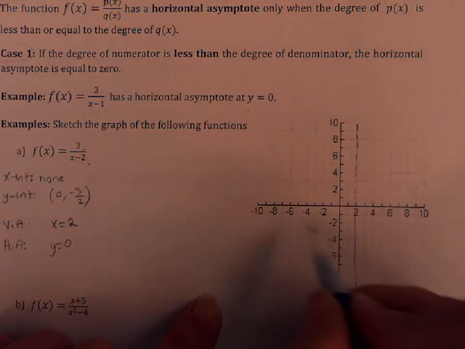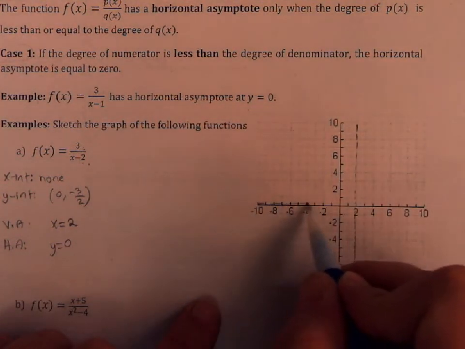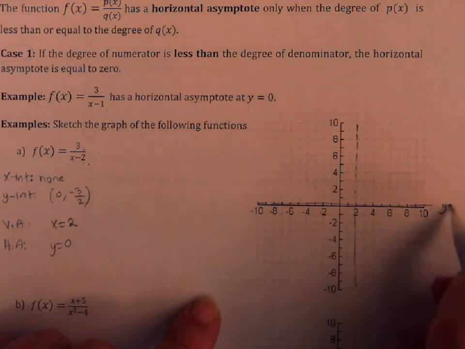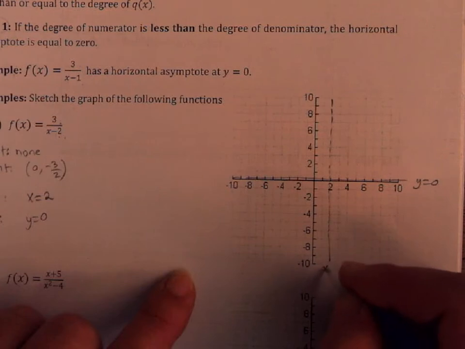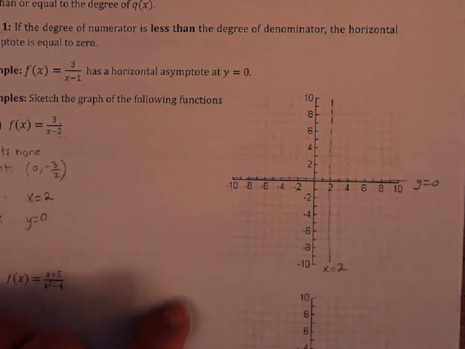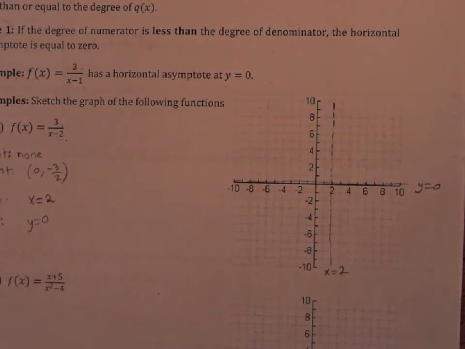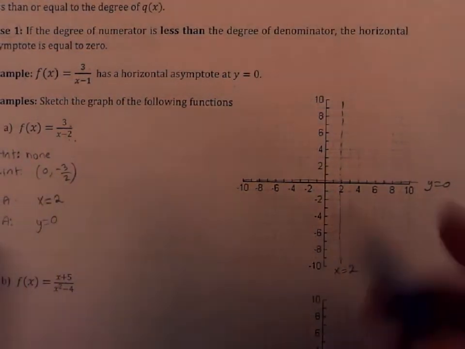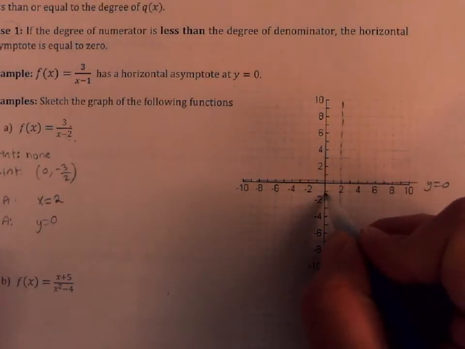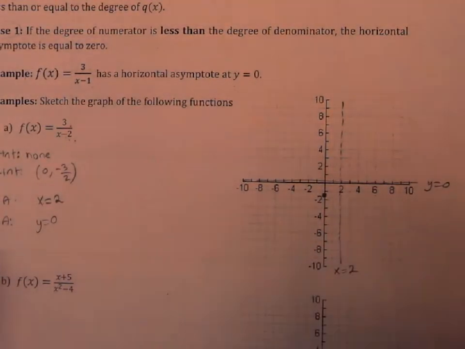Okay. Horizontal asymptote at y equals 0. On the evaluation, please label your asymptotes. Okay. Make sure you label them. Not only draw, but label. Okay. Then no x-intercept, but the y-intercept is negative 3 over 2, so negative 1.5 is here.